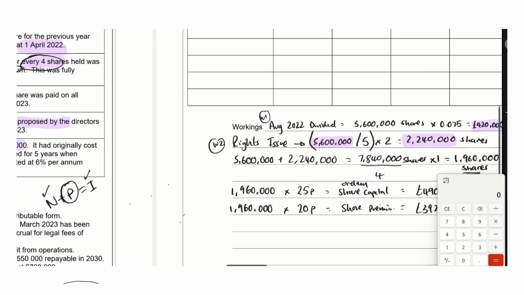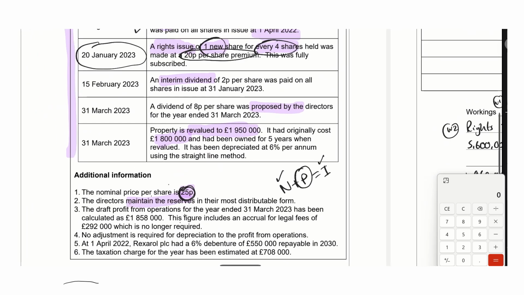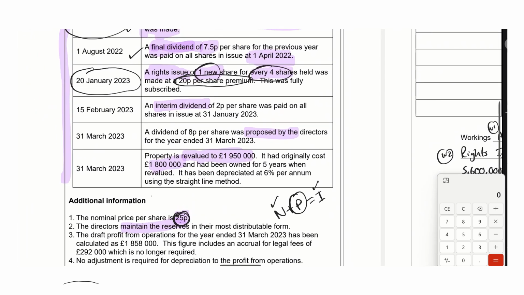So now looking at the next adjustment, we have an interim dividend. So a dividend maybe around about halfway through the year. Although this doesn't feel like it's halfway through the year, it's more towards the end of the year. The company wants to pay out 2p per share on all the shares that were issued on the 31st of January.